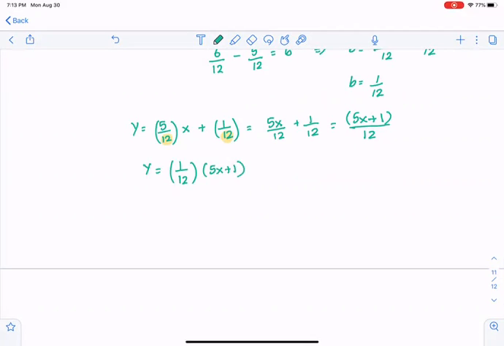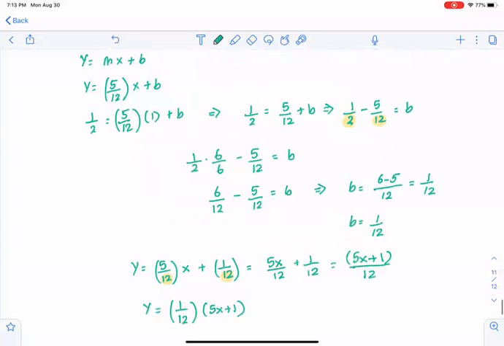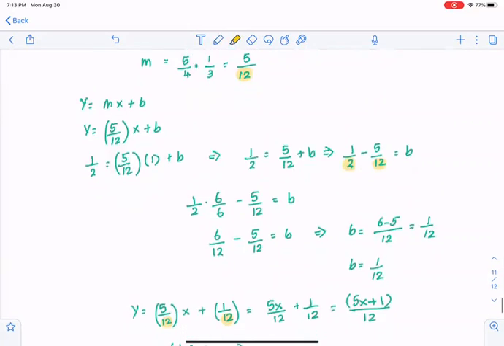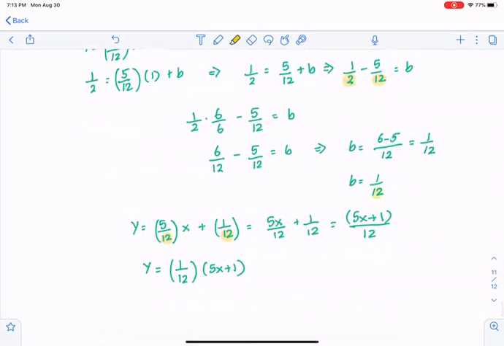So here is an easier way to check your answer if you're doing the fractions properly. If you get a fraction where, just like here, there is 12 in the denominator, the intercept must also have 12 in the denominator.